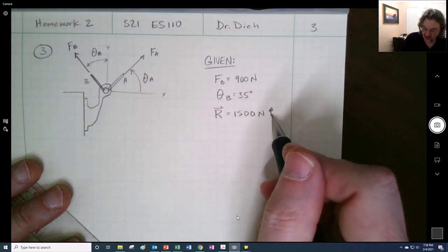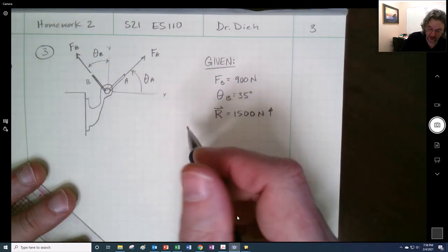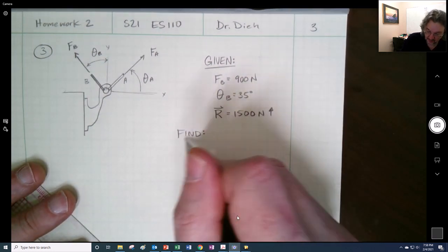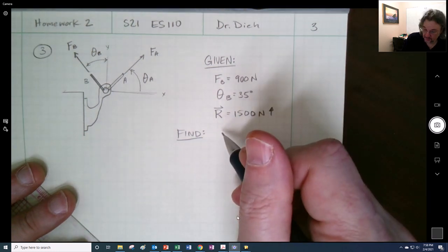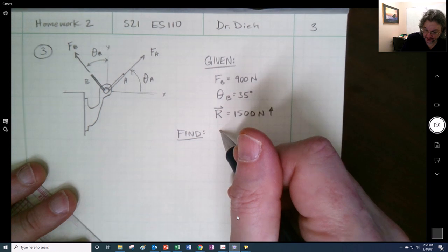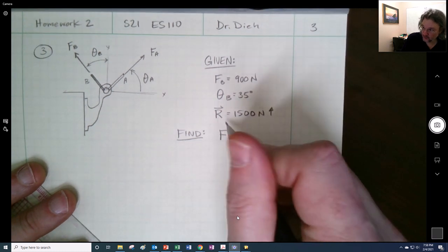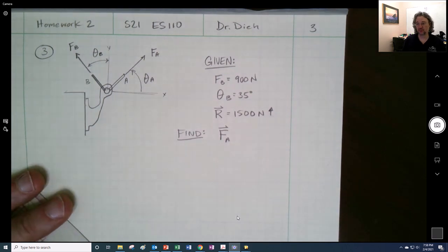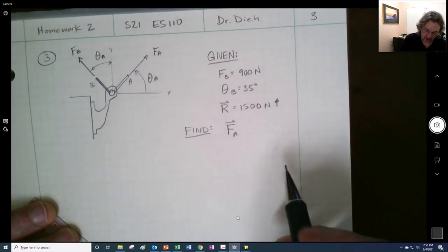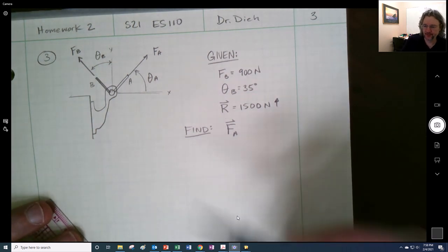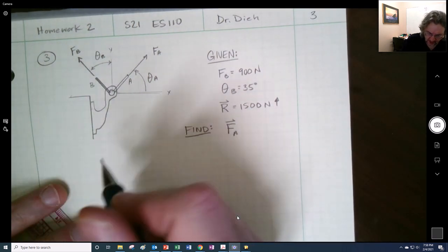So I have magnitude and direction, so that is a vector. And we want to find FA, pretty much.